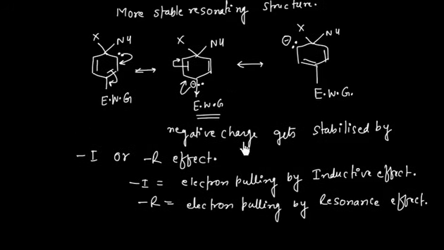So this resonating structure is very stable because the negative charge gets stabilized by the electron withdrawing group.